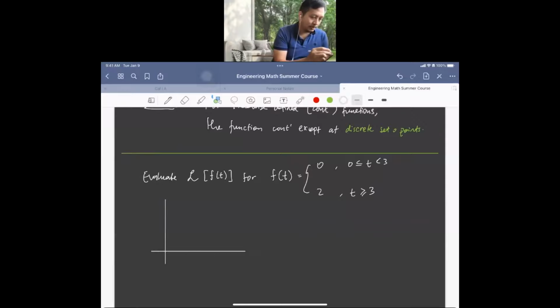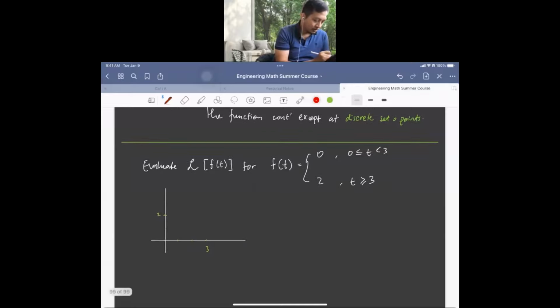So if we look at the piecewise and we check 1, 2, 3, from 0 to 3, it's 0, right? And from t greater or equal to 3, we start from here and go to the right. And this is our piecewise graph.